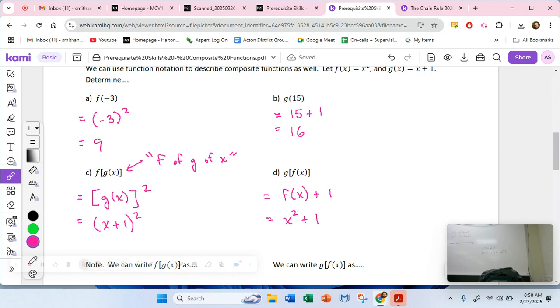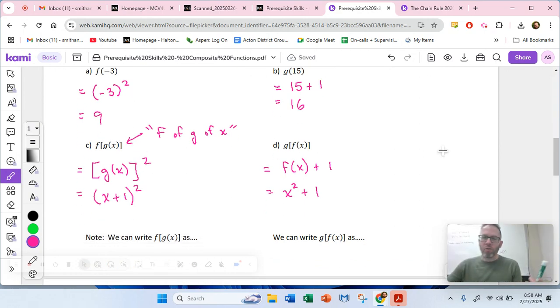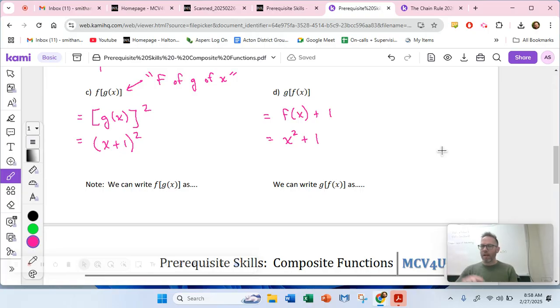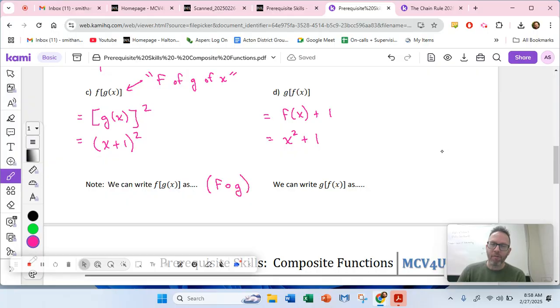Everything's okay. Just a side note, a different notation you might see maybe in next year's math course or whatever. F of g of x is sometimes written this way as f with like an open dot g in brackets like that. So it doesn't say fog. That's open dot.